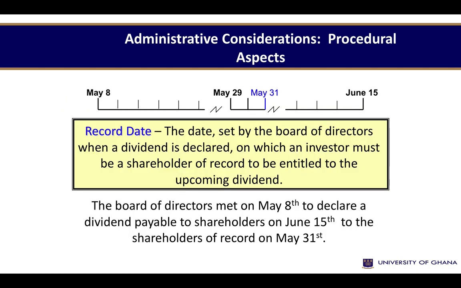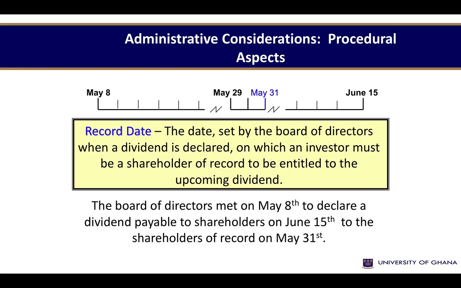Now, having made the decision of whether or not to pay dividends and the mode of payment, there are a number of administrative considerations that need to be looked at, and that has to do with the procedural aspects. One of the first things to keep in mind is what we refer to as the record date. This is typically the date that is set by the board of directors when the dividend is declared.